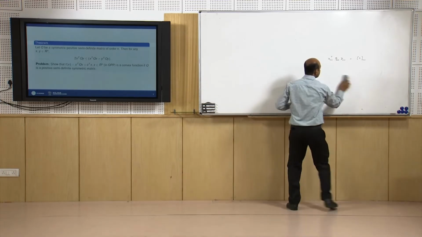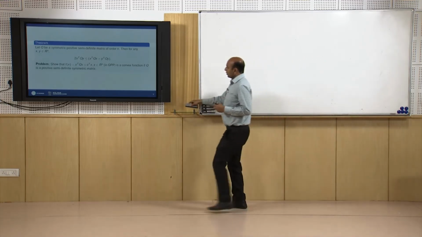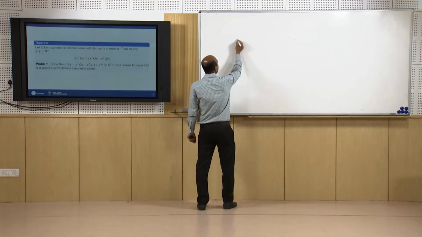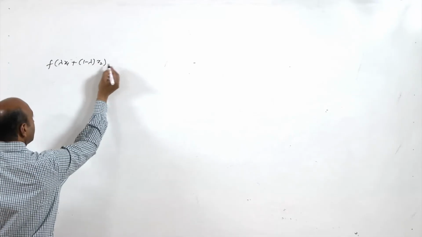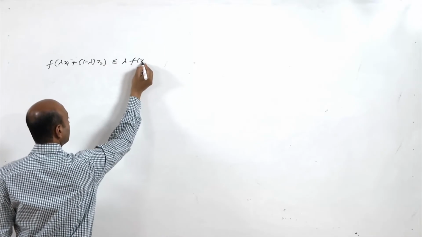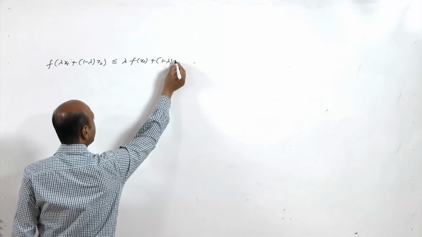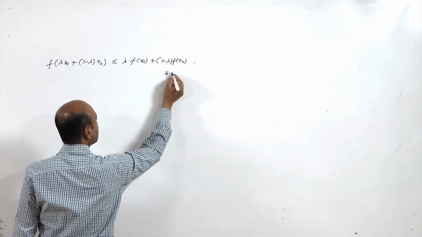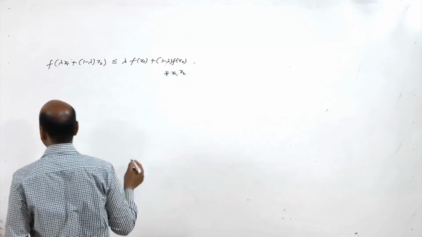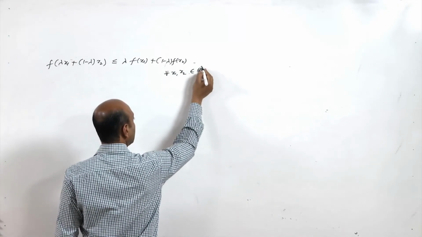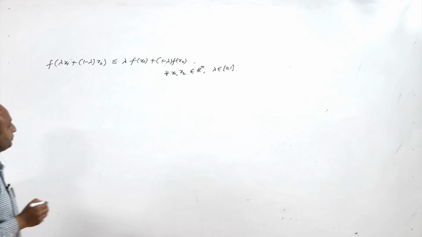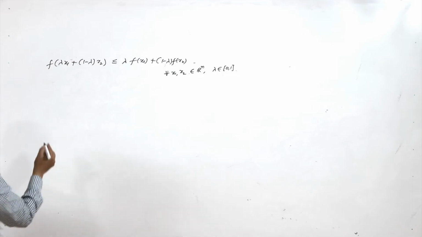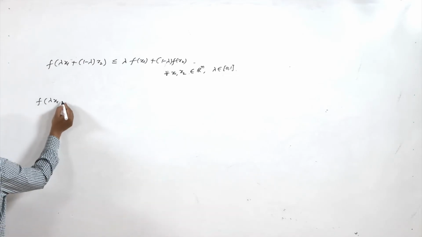In order to prove this result, we need only to show that f of lambda x1 plus (1 minus lambda) x2 is less than or equal to lambda f(x1) plus (1 minus lambda) f(x2) for all x1, x2 in Rn, and lambda belongs to 0 to 1. This we have to show in order to show that the involved function is a convex function. So let us try to obtain this result.